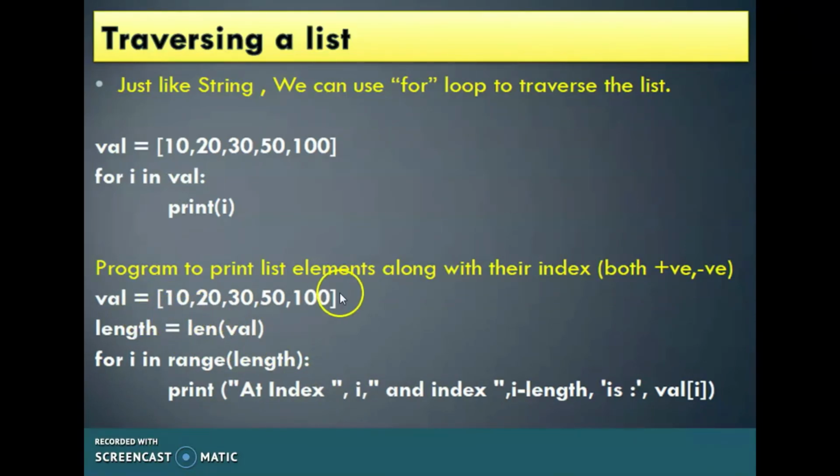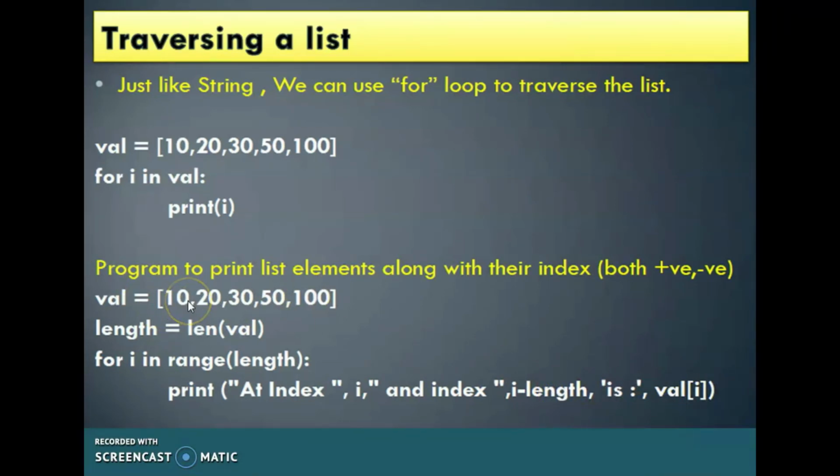In the case of forward indexing, the 0th index value is 10. In the case of backward indexing, the negative 5th index value is 10. So at index i and index i minus length, that is index 0 and index negative 5, the value is val of i.